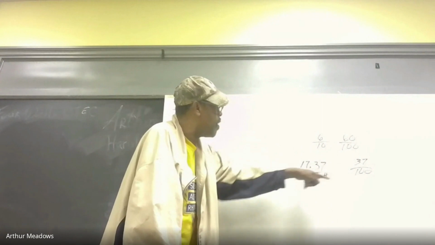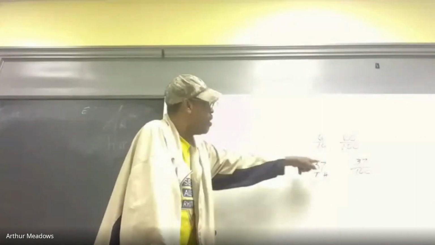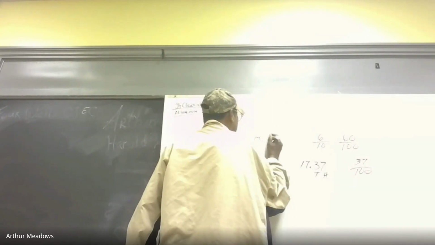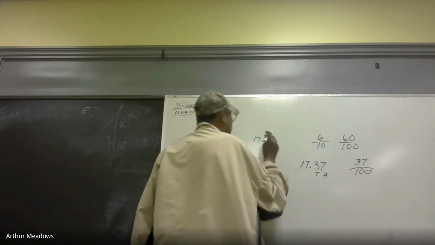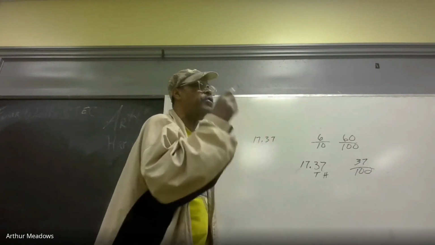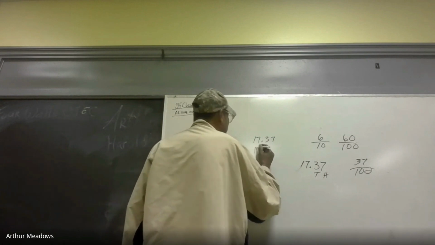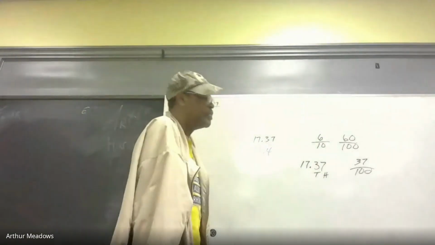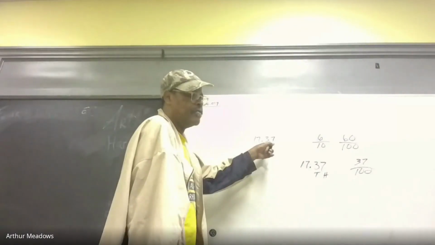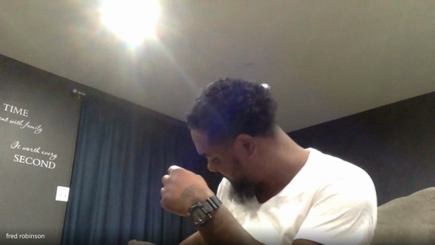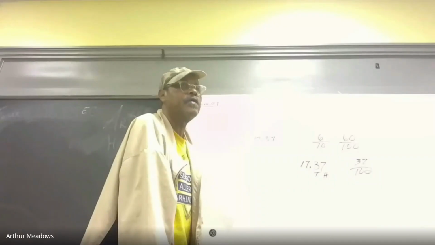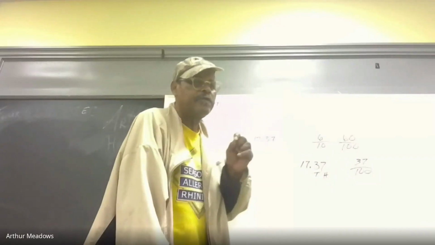That's 37 over 100. Where you get confused is, if they said round it up to the nearest tenth, the nearest tenth would be 4. That's the tenth. But they said 100. So the answer to number 9 is 17.37. Yeah. That's what everybody got, right? 17.37.